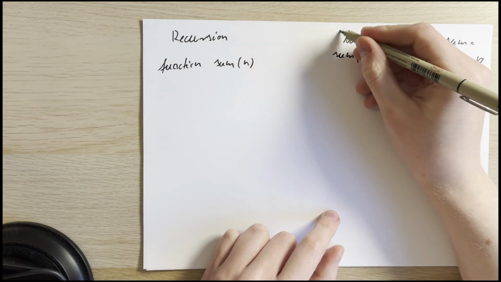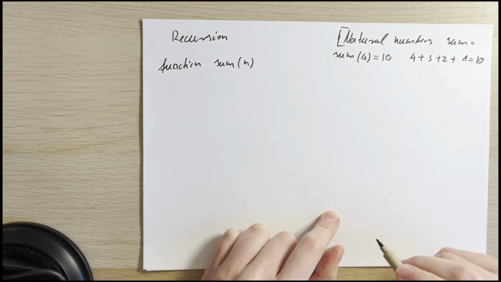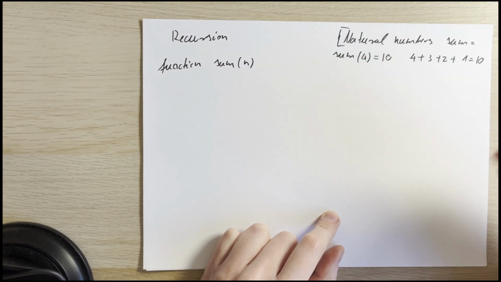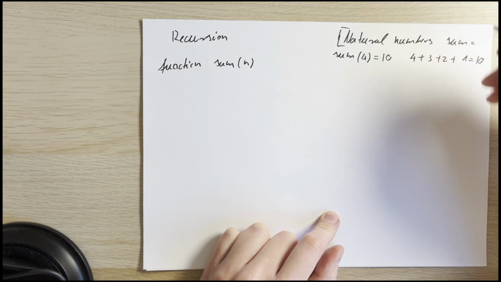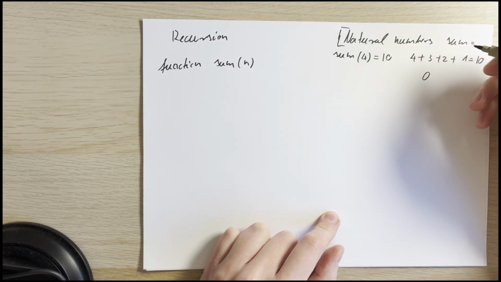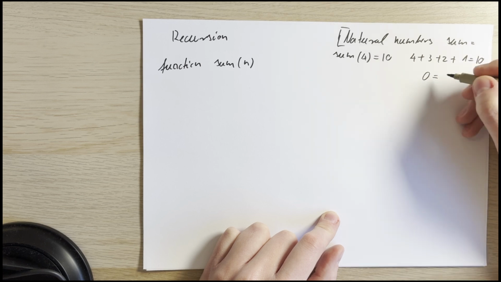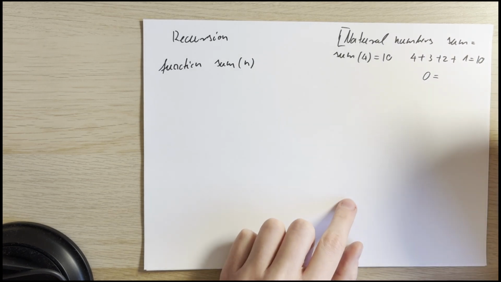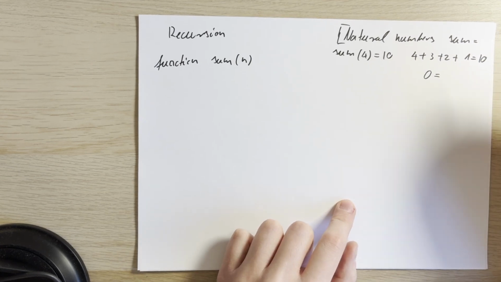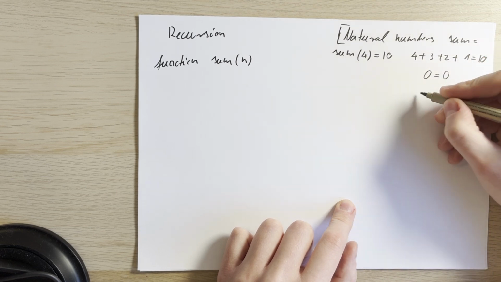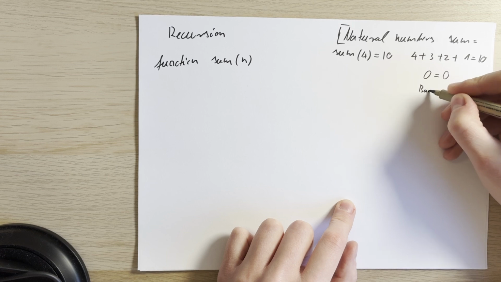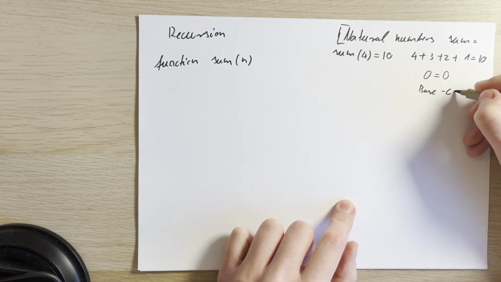Since we're talking about natural numbers, the base case could be when we reach 0. When we reach 0, we're just going to return 0, and this is going to be the base case.